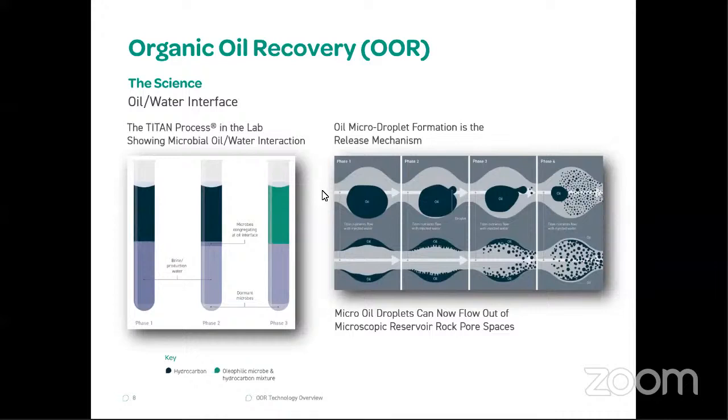The microbes will go from water to the oil, and by physical interaction, these oil drops are converted into micro droplets, and these micro droplets can easily move to the wellbore, and this is how it can recover more.